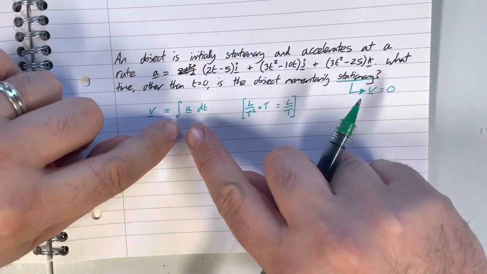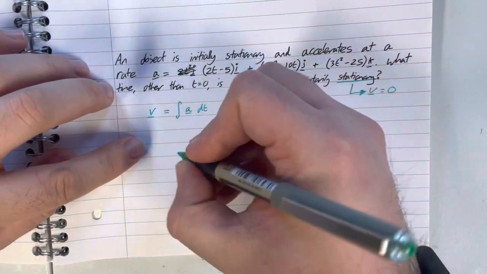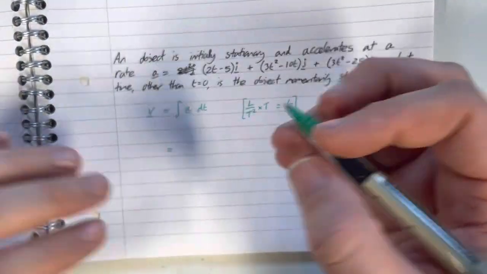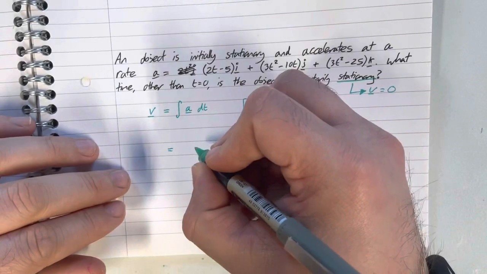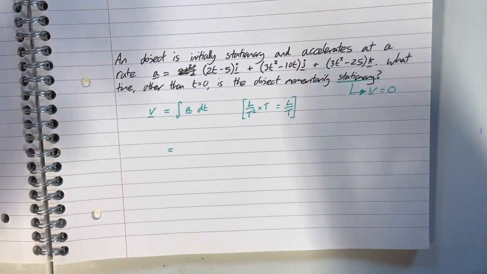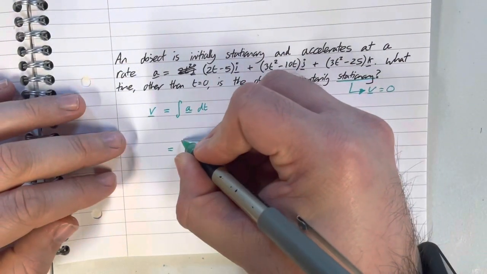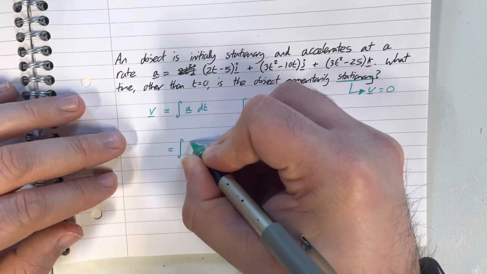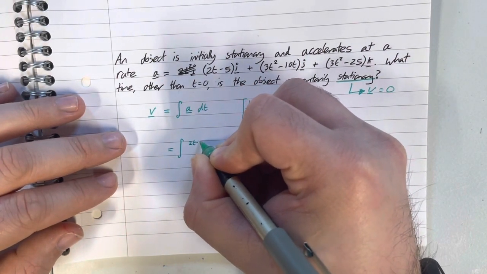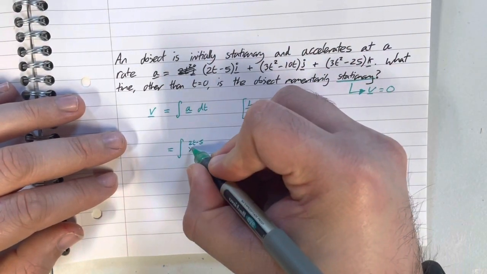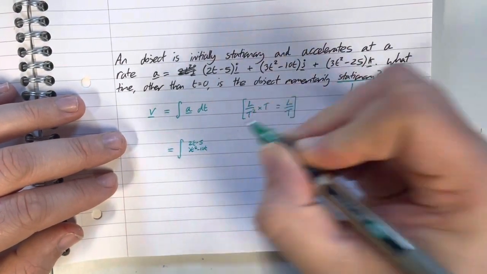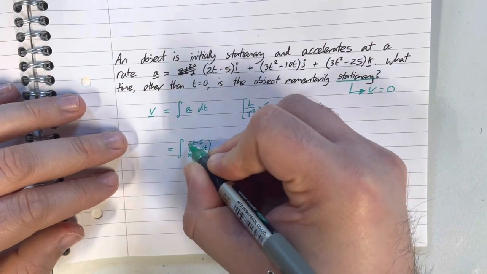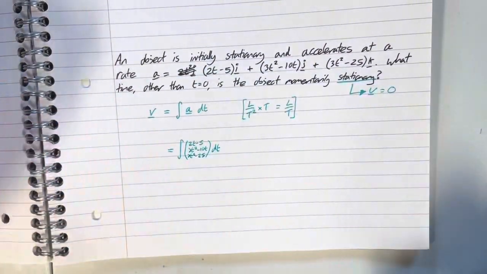Now we're just going to integrate a vector. It might not feel quite normal to you, but it doesn't change anything. i is just a constant, j is just a constant, k is just a constant. So all the normal rules of integration just apply. I'm going to write this as a column vector: 2t minus 5, 3t squared minus 10t, and 3t squared minus 25, dt.